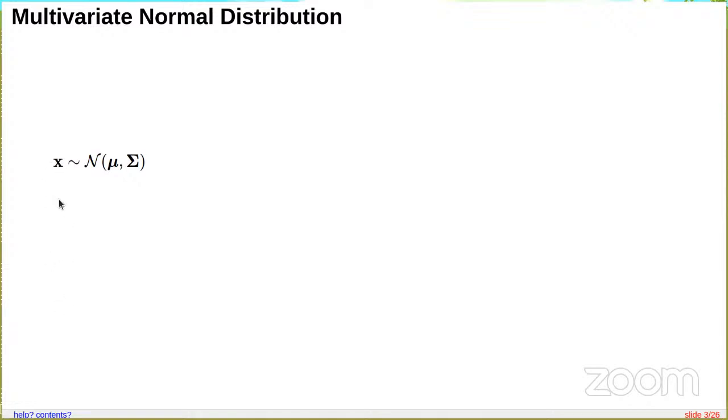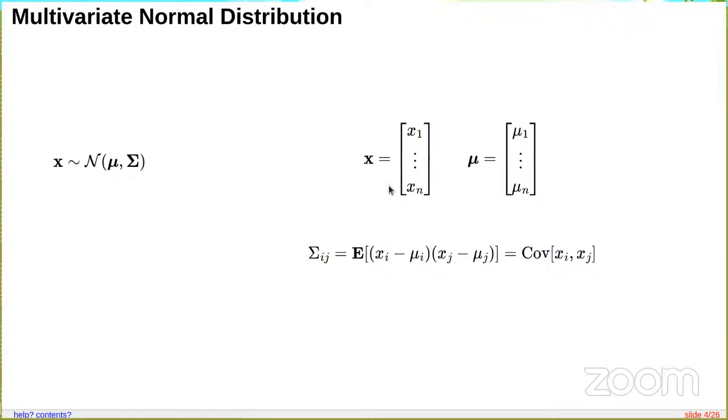We model the class conditional density as a multivariate normal distribution with mean vector mu and covariance matrix sigma. This is what X looks like. Actually, this should be XM, to be consistent with our notation.